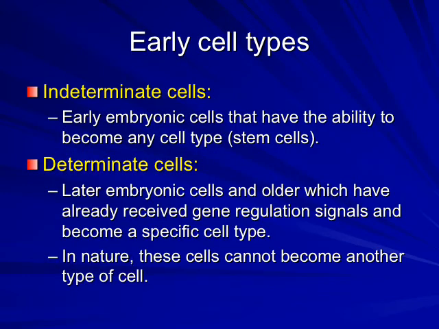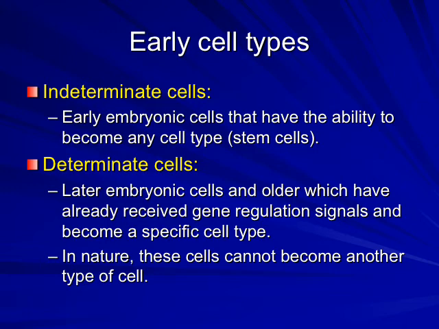So let's talk about early cell types. We have indeterminate cells, and those are early embryonic cells that have the ability to become any cell type. Now, we have specifically called these stem cells, and you may have heard of lots of controversy about stem cells. Lots of folks want to do research with stem cells because these are indeterminate cells.